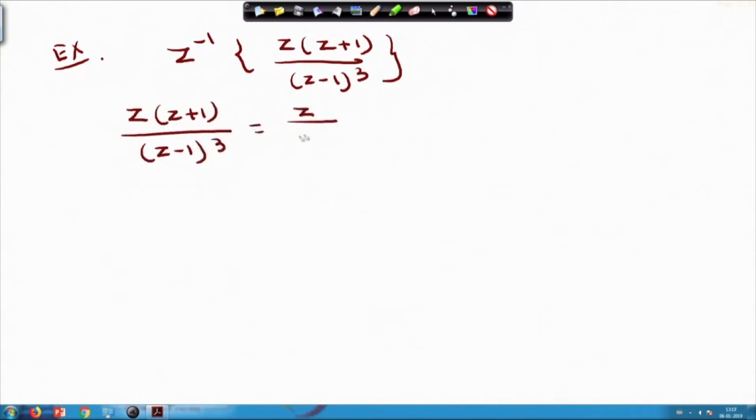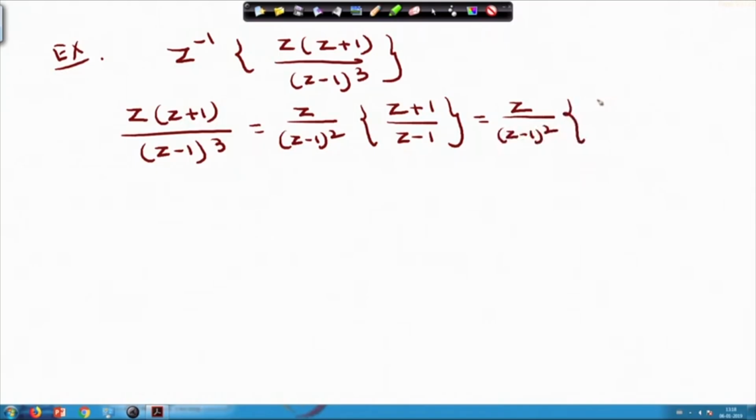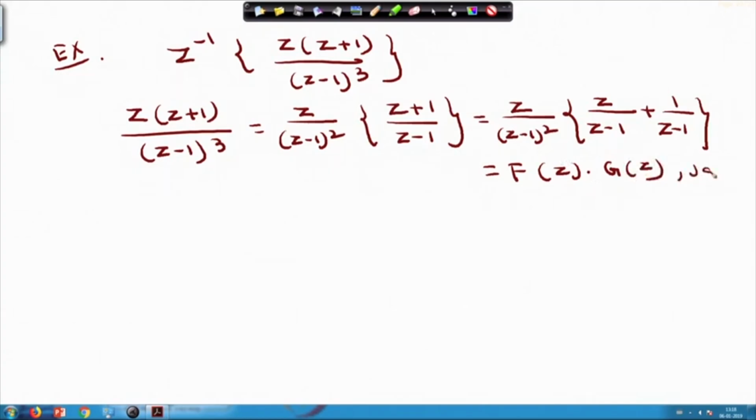This equals, you can write down, z by (z minus 1) whole square into (z plus 1) by (z minus 1). This I can break again as z by (z minus 1) whole square into [z by (z minus 1) plus 1 by (z minus 1)], and this I can write as F(z) into G(z). So, F(z) I know, G(z) I know, this I am assuming, say.